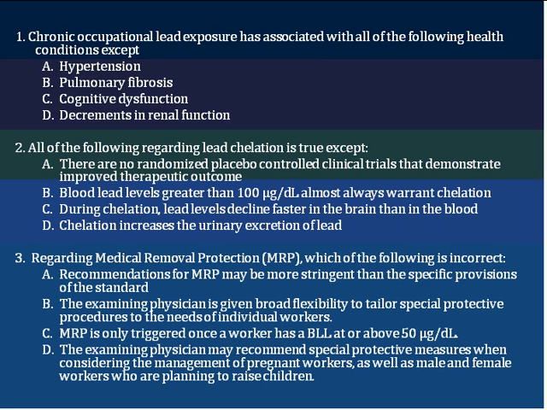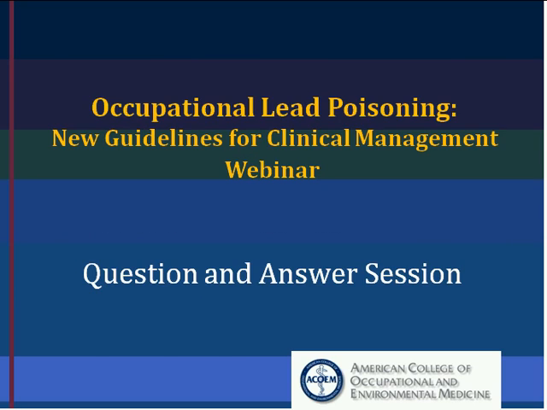Or D, the examining physician may recommend special protective measures when considering the management of pregnant workers as well as male and female workers who are planning to raise children. The incorrect answer here is C. MRP can be triggered at the discretion of the physician. You'll recall Dr. Kosnet covered that point in the OSHA lead standard. Moving on to the next question.